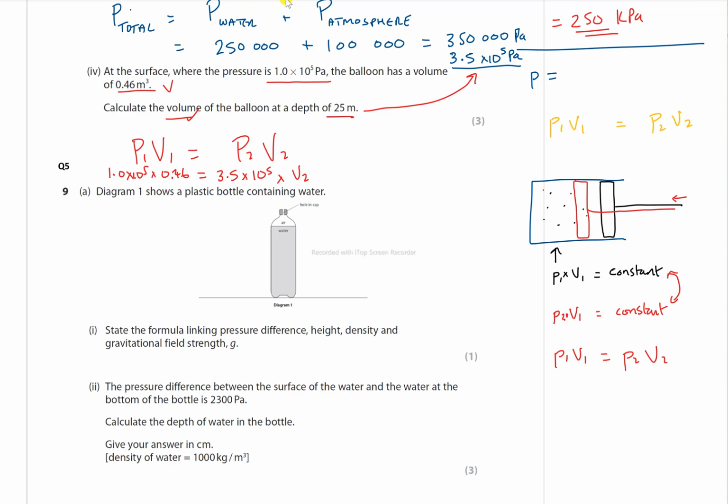So V2 will equal 1.0 times 10 to the 5 times 0.46, all divided by 3.5 times 10 to the 5, equals 0.1314 meters cubed.